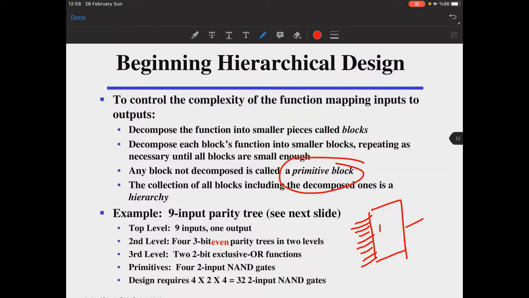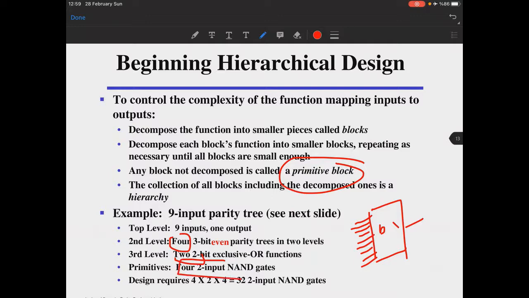I'm trying to design this box, right? And within this box there will be smaller boxes, and within those boxes there will be smaller boxes, or also blocks. That's it. And here, how can I divide this? We will have 4 3-bit even parity trees in 2 levels, we will see, and within those blocks we will have 2-bit exclusive OR functions, and that's it.